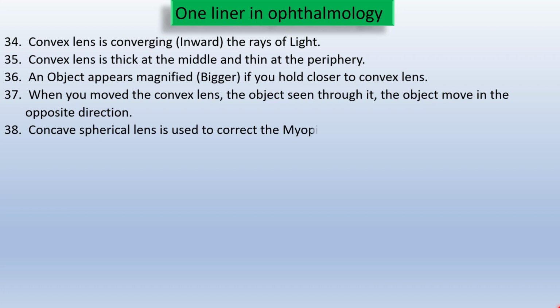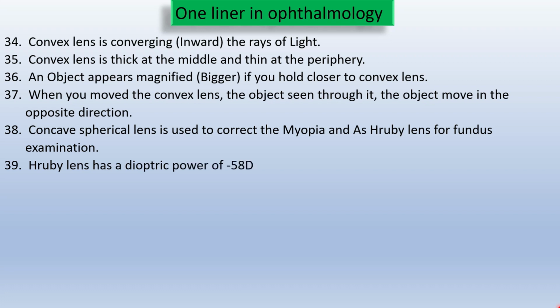Concave spherical lens is used to correct myopia and as ruby lenses for fundus examination. Ruby lens has a dioptric power of -58 diopter. Concave lens is diverging the rays of light.